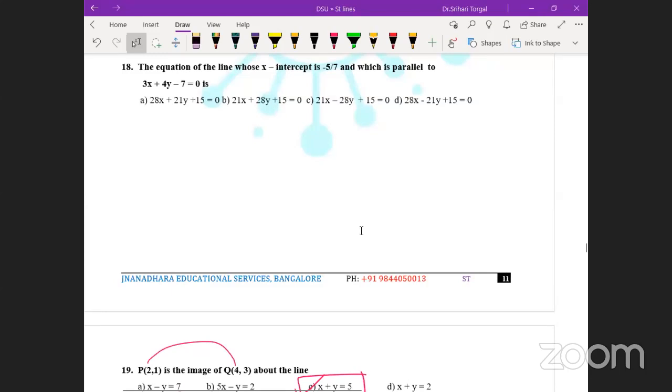Let me solve this. Which are parallel to. So the slope must be -3 by 4. What are the points which have slope -3 by 4? If I take the slope of this line, minus 28 by 21, no, option A is not the answer. You will not get minus 3 by 4.